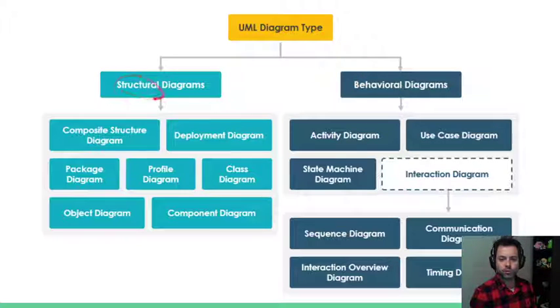I mentioned we have two different categories, structural and behavioral. Structural is going to be the static things, the diagrams that go into specifying exactly how we construct our project. Okay, so class diagram is one. I'm going to assume you're all aware of this. If you're not, we will be talking about it in a little more detail very soon.